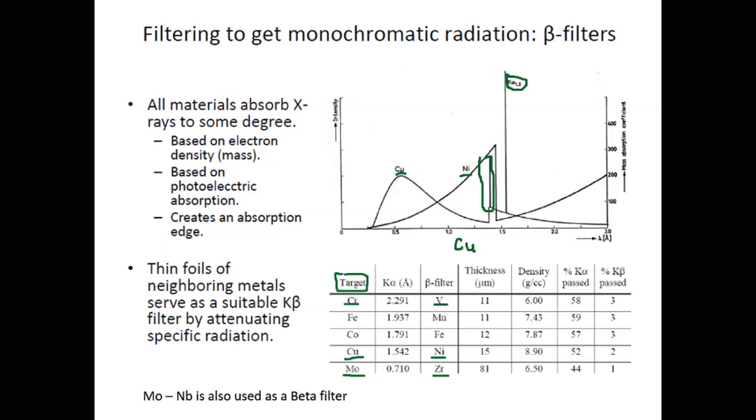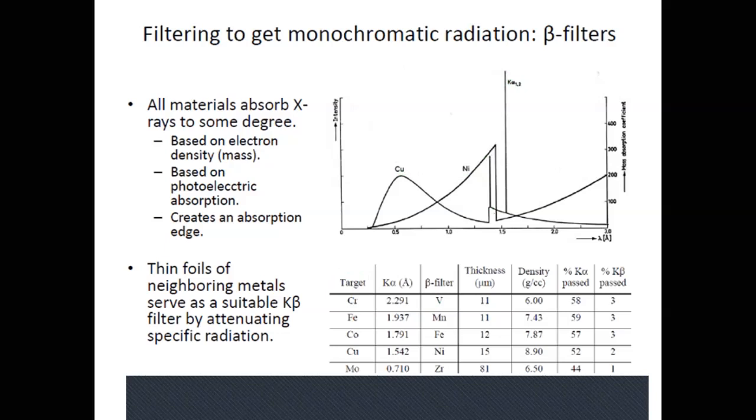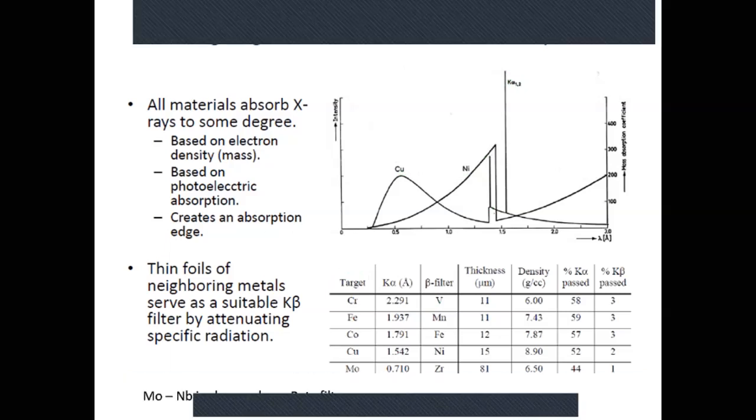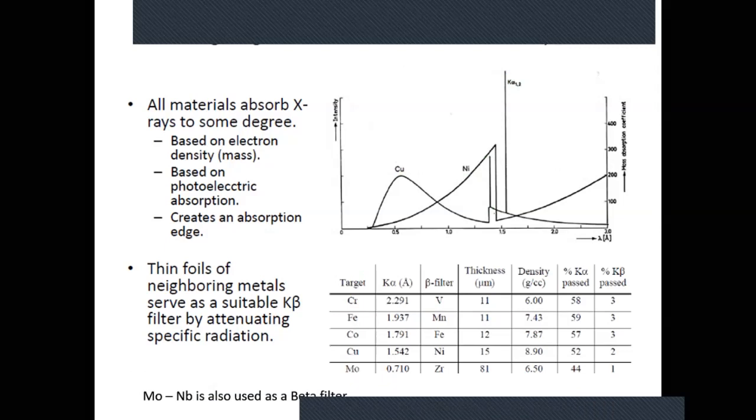And then the beta filter removes the K beta X-rays from it. And down here, just to show you, they also use niobium as a beta filter for molybdenum as well.